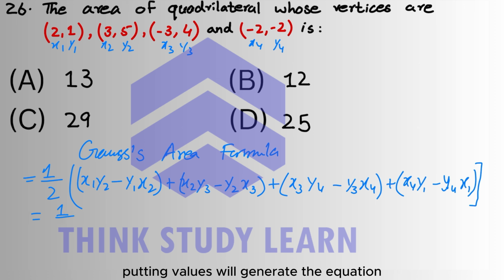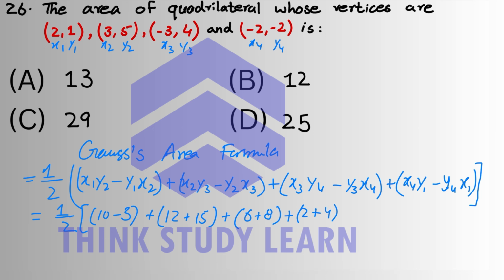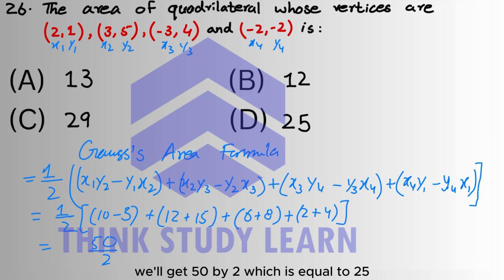Putting values will generate an equation which will be 10 minus 3 plus 12 plus 15 plus 6 plus 8 plus 2 plus 4. So when we simplify this, we will get 50 by 2, which is equal to 25. So the area of the quadrilateral with these vertices will be 25. D option is the right answer.